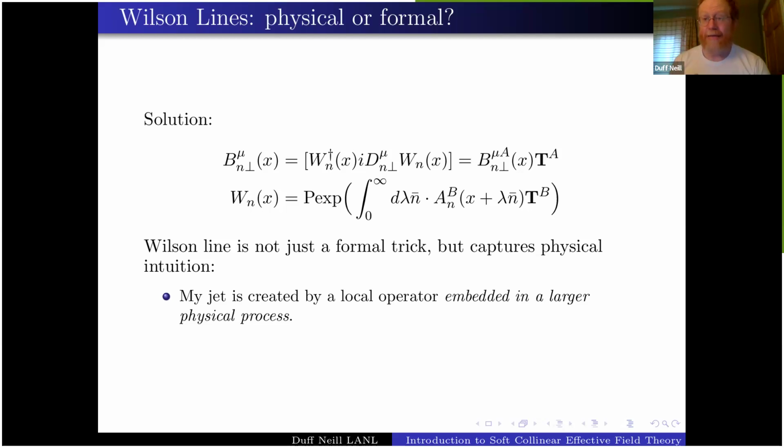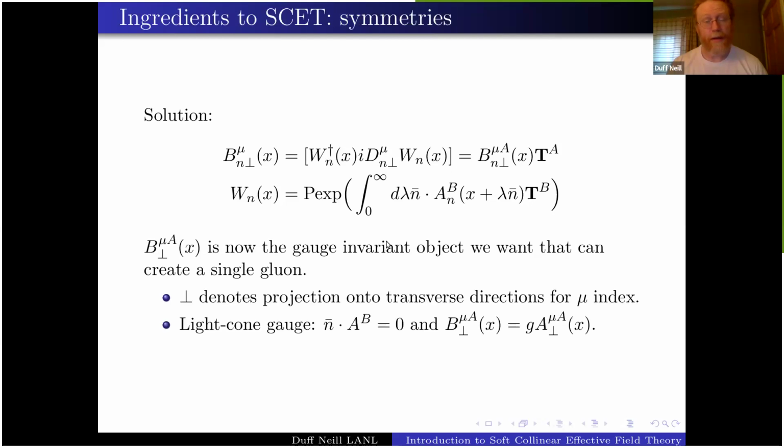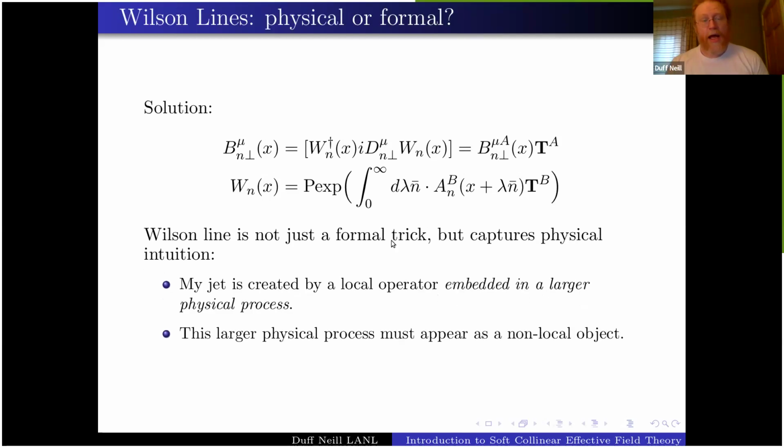My jet is created by some local operator, my covariant derivative at some space-time point, embedded in a larger physical process. In other words, I have a jet, but there has to be some other jet that it's recoiling against. This larger physical process has to appear as a non-local object to the jet that I'm concerned about, right?